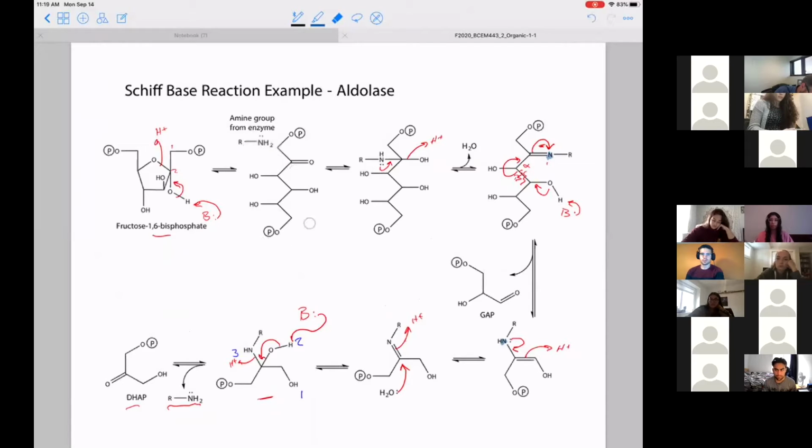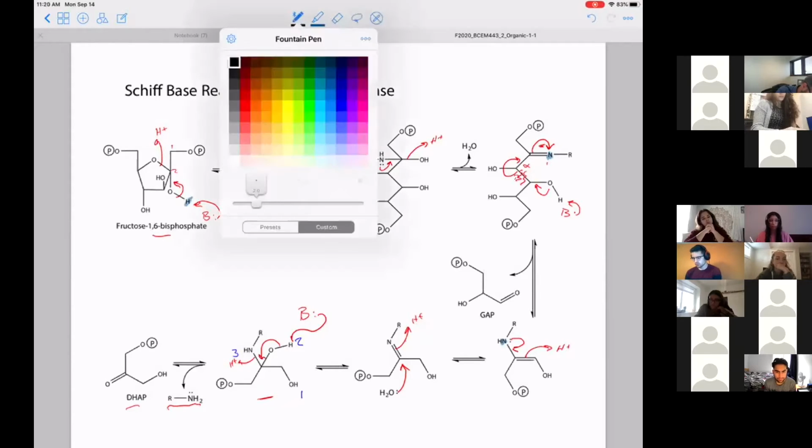The ring opening you saw before was the abstraction of the hydrogen from this alcohol group right here. If you want to reclose it, it's just the same thing in reverse, where you take the electrons from whichever carbon you're closing it to.